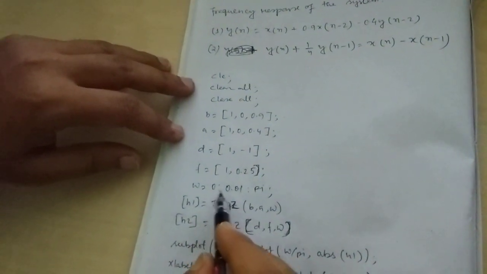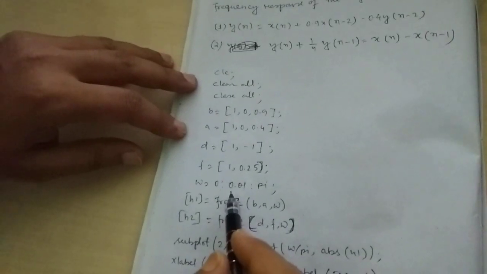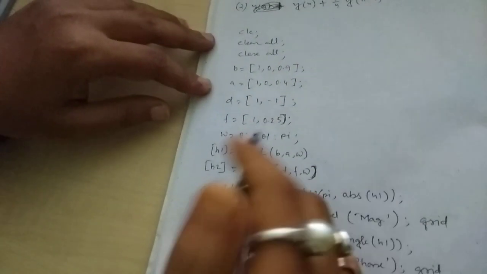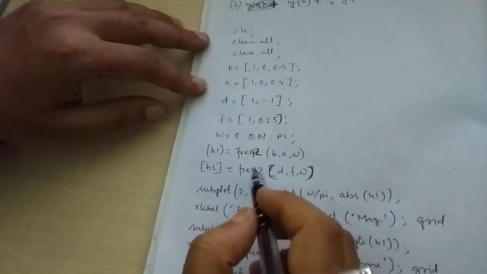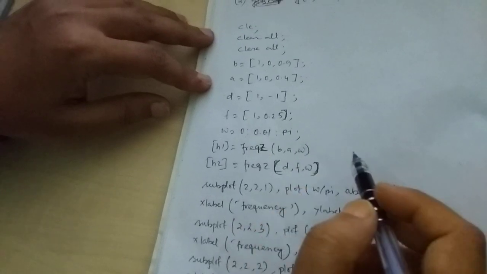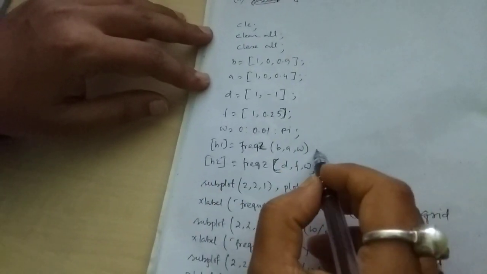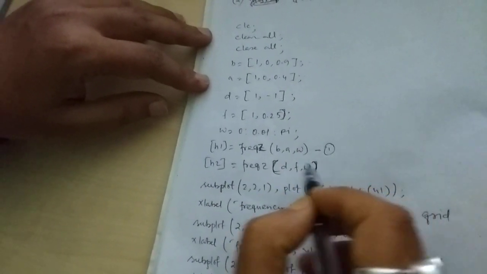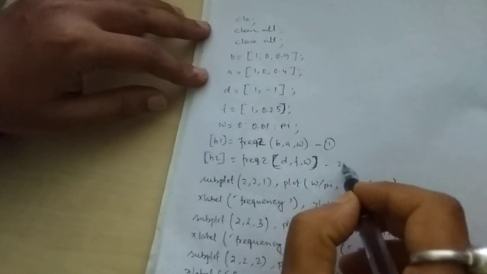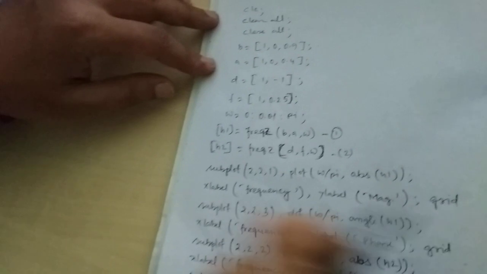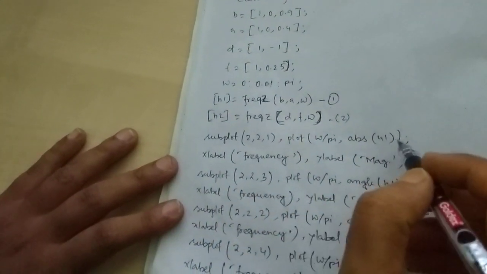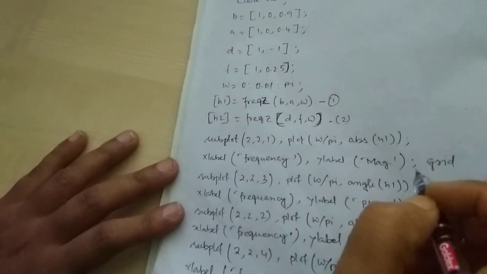It varies from 0 to pi in steps of 0.01, and for finding the frequency response we use the MATLAB command freqz with b, a, w. This is for the first system, and in h2 we find the frequency response in the same way for the second system.